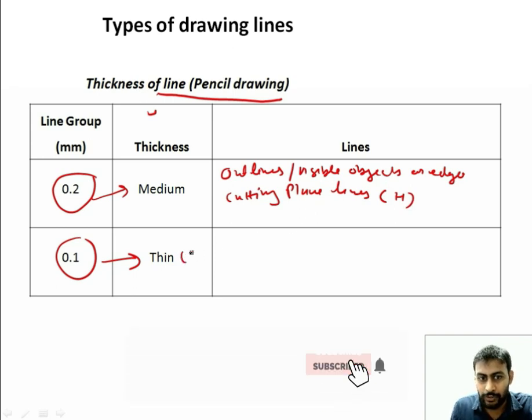The second one, you can say, is the 2H pencil, a thin type pencil, which we can use for center lines, which we already discussed. Section lines we also discussed in a previous slide.